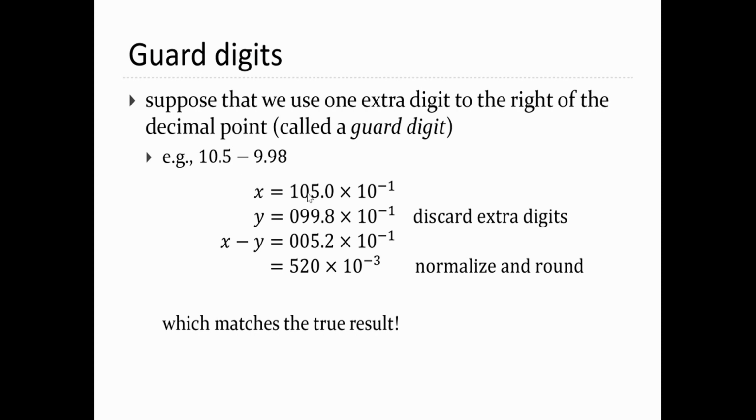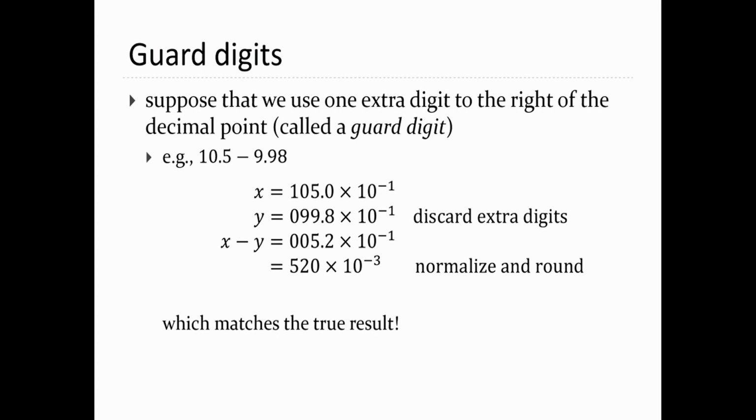So 10.5 is 105.0 times 10 to the minus 1. 9.98 is 99.8 times 10 to the minus 1. Now calculate the result using that extra 4th digit. Now I get 5.2 times 10 to the minus 1. Can I write 5.2 times 10 to the minus 1 exactly in our representation?